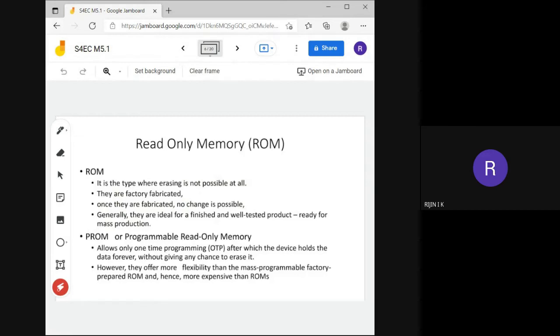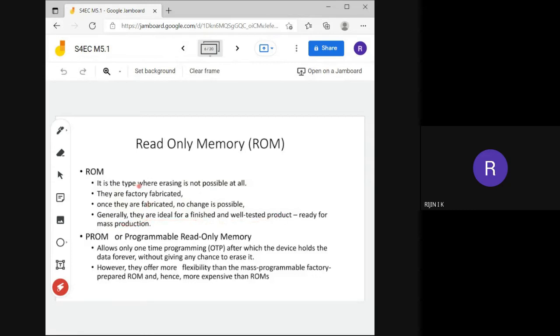Factory fabricated products means the programmer, our user, has no role. When the product is produced, the contents are already written. And once they are fabricated we cannot change the content. No change is possible. Then they are ideal for finished and well-tested products ready for mass production.